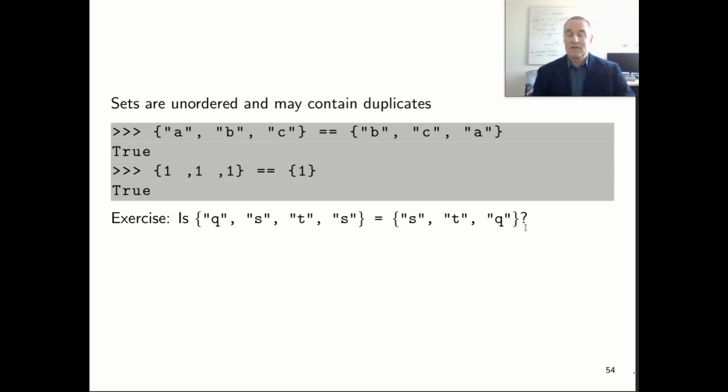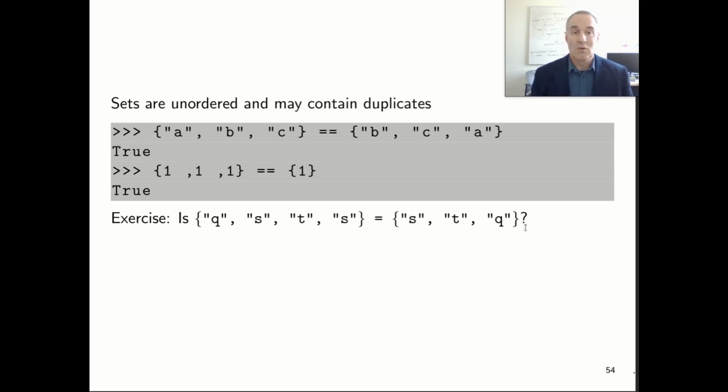Right, so let's have a few other examples or exercises in Python. So just to show that sets are unordered and may contain duplicates, let's look at the first example. So {A, B, C} is equal to {B, C, A}, and we're using the curly brackets that Python has to denote sets, and it comes back with the answer true.